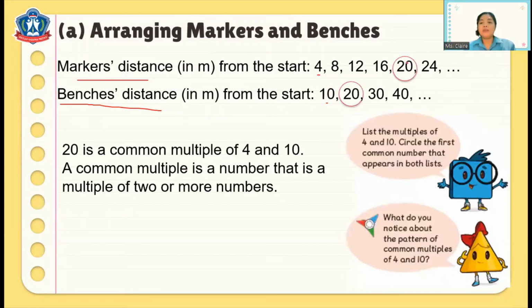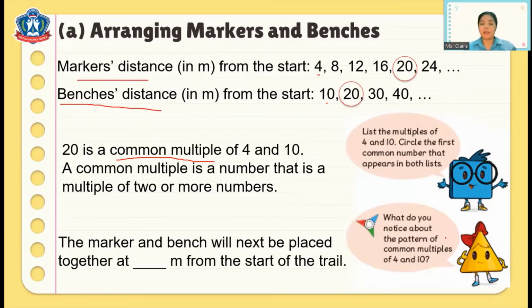So this 20 is what we call a common multiple of 4 and 10. A common multiple is a number that is a multiple of 2 or more numbers.